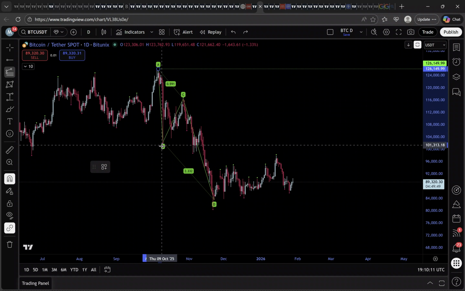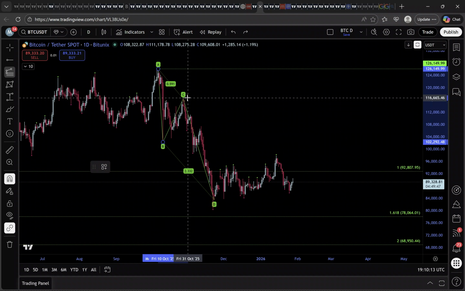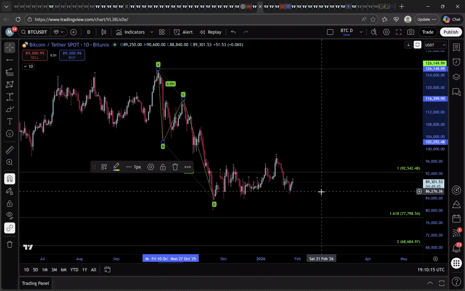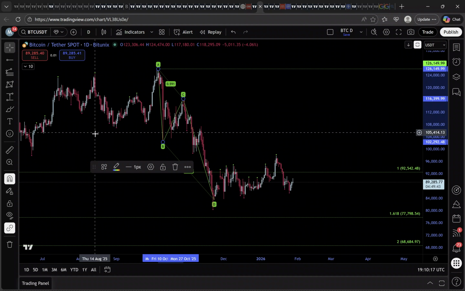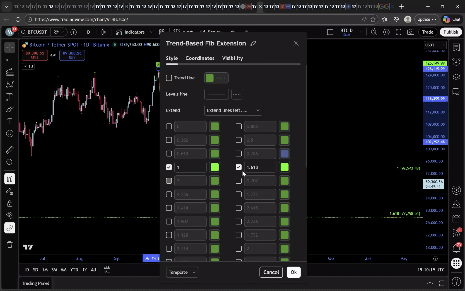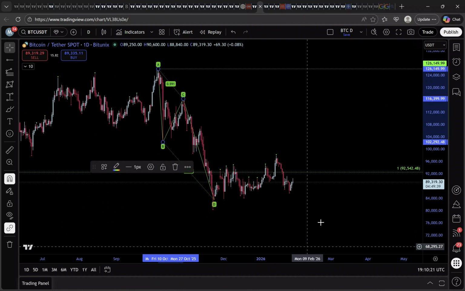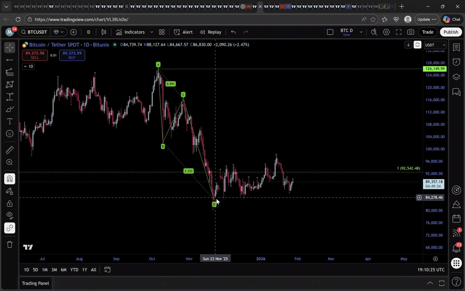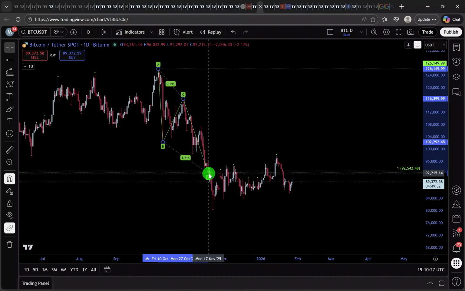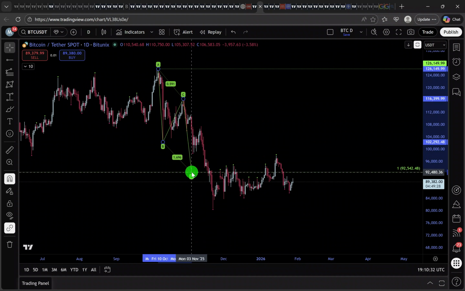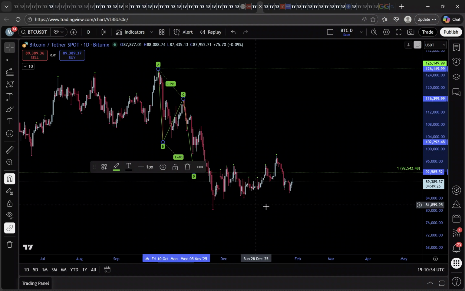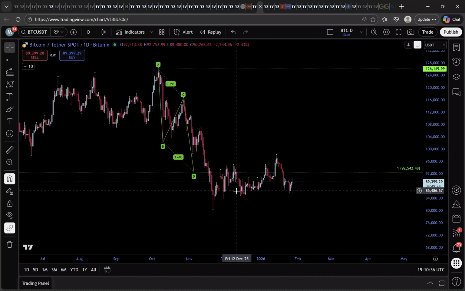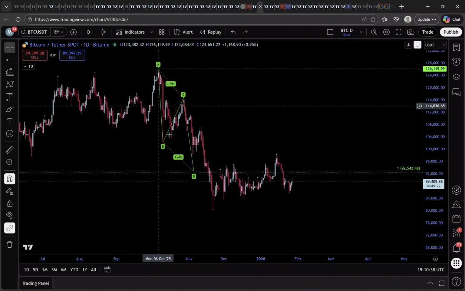Click A, click B, go up to C. And if it bothers you having these additional fibs on here, you can obviously just take them off, because the only one you care about is the 100% for wave symmetry. So you have that 591. This is telling you your symmetrical move, which was close to a 618, would have been perfectly at 92,542, which actually was 1.688. That would have been the symmetrical move.